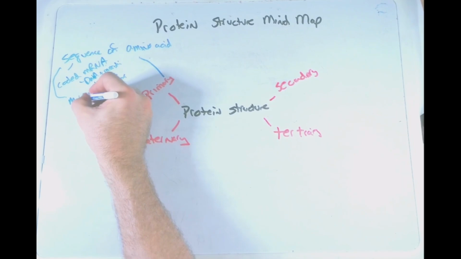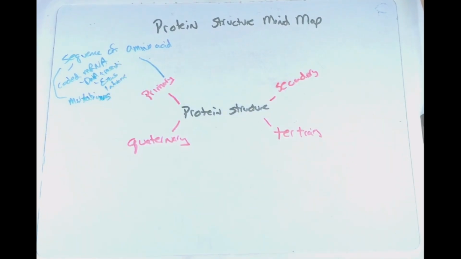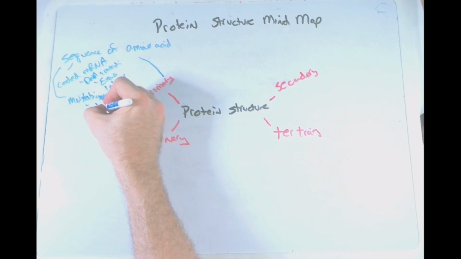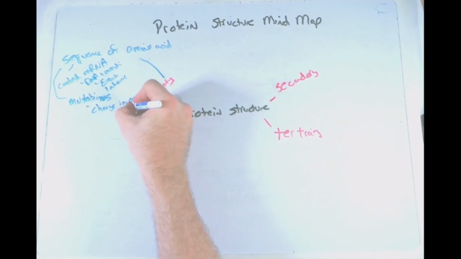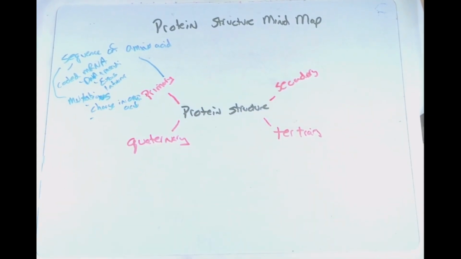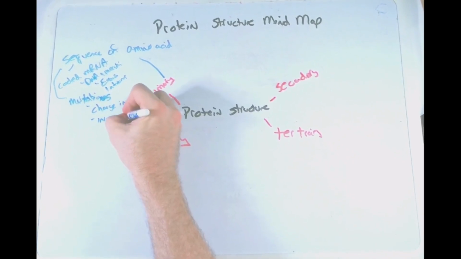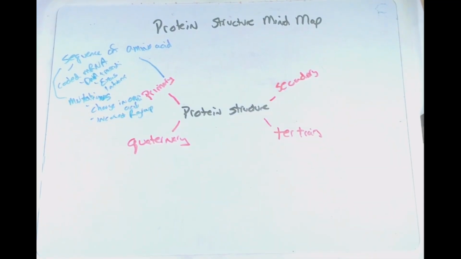And what we're going to have with a mutation, poorly spelled over here, is a change in the amino acid in a location. Because of that change, we're going to have an incorrect R group, that side group associated with the function of that amino acid.